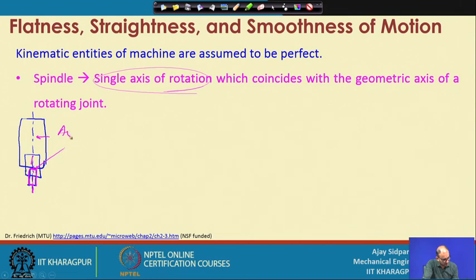So, the axis of the tool and spindle coincide, right. That we assume, but many times it is not the case. You have to be very careful in the selection of the tool holder.